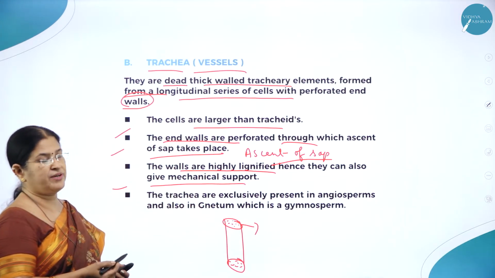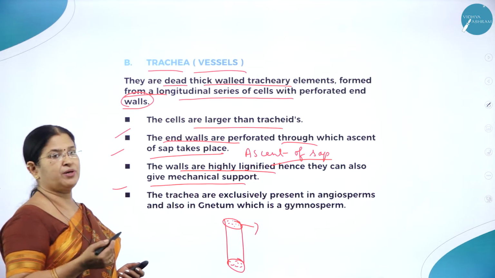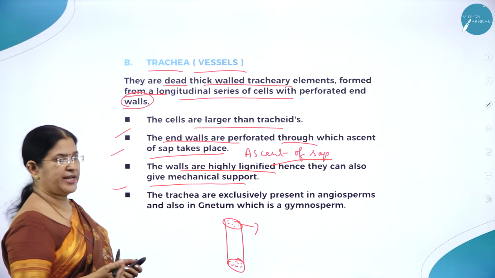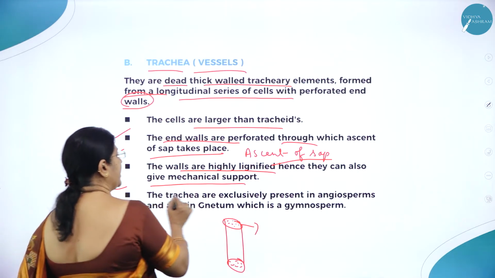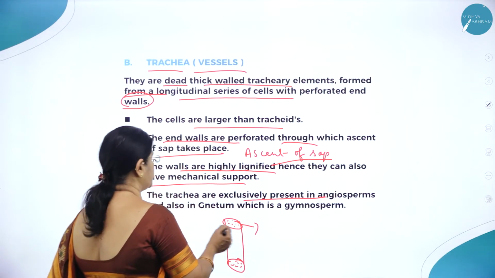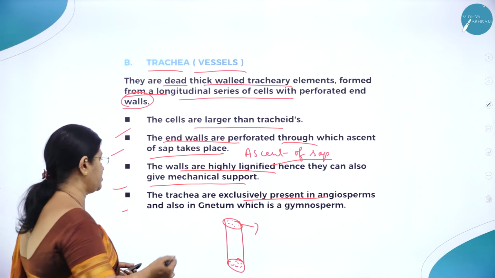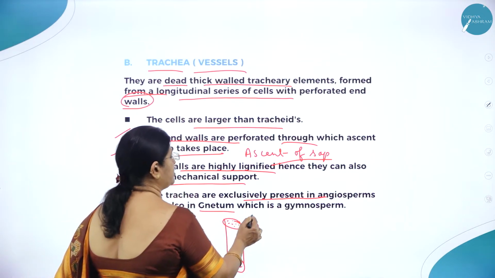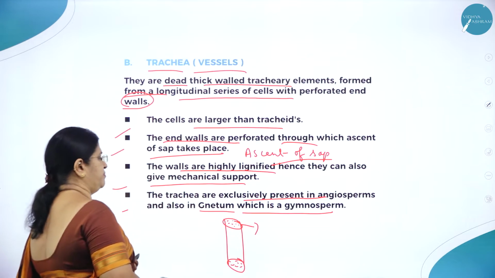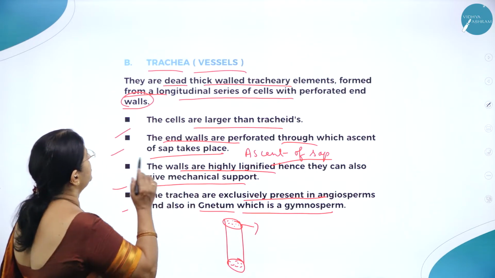Even in trachea there are also 5 types based on the lignification. The trachea are exclusively present in angiosperms. As we know, three-fourths of the plants existing on planet Earth are angiosperms. They are also present in Gnetum, which is a gymnosperm. So what is trachea?